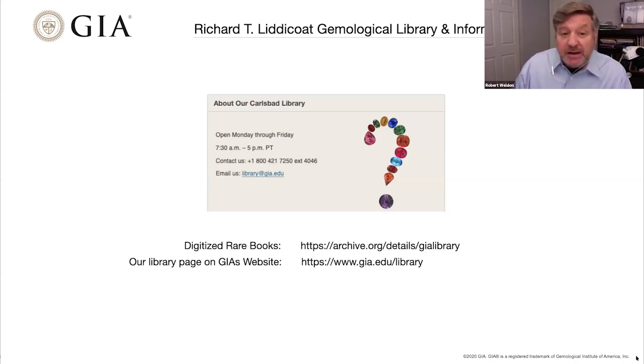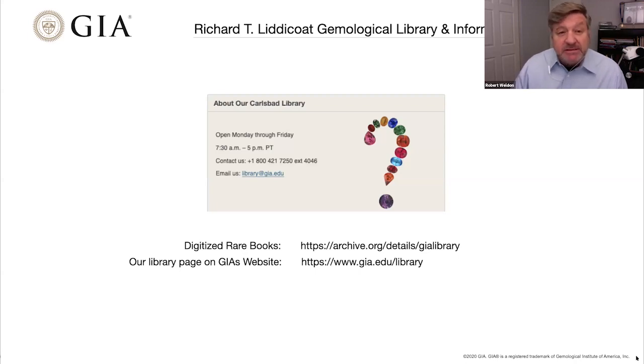We are a special library that serves our students, teachers, laboratory researchers, academics, and staff. We also answer gem and jewelry related questions from around the world. Our materials range from periodicals in multiple languages, geological maps, and books on geology, mineralogy, gemology, faceting, jewelry design, history, you name it. Much, much more than that.